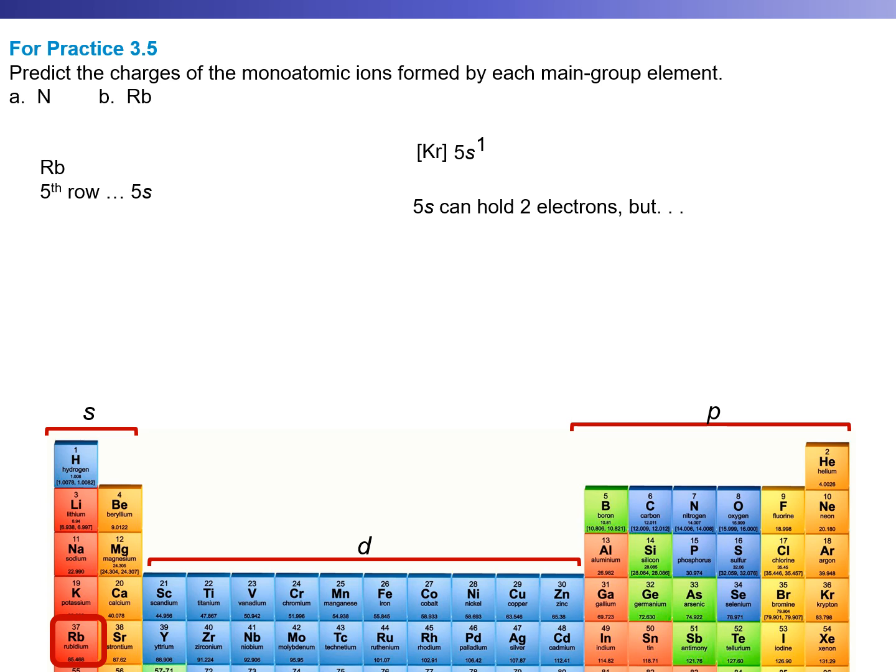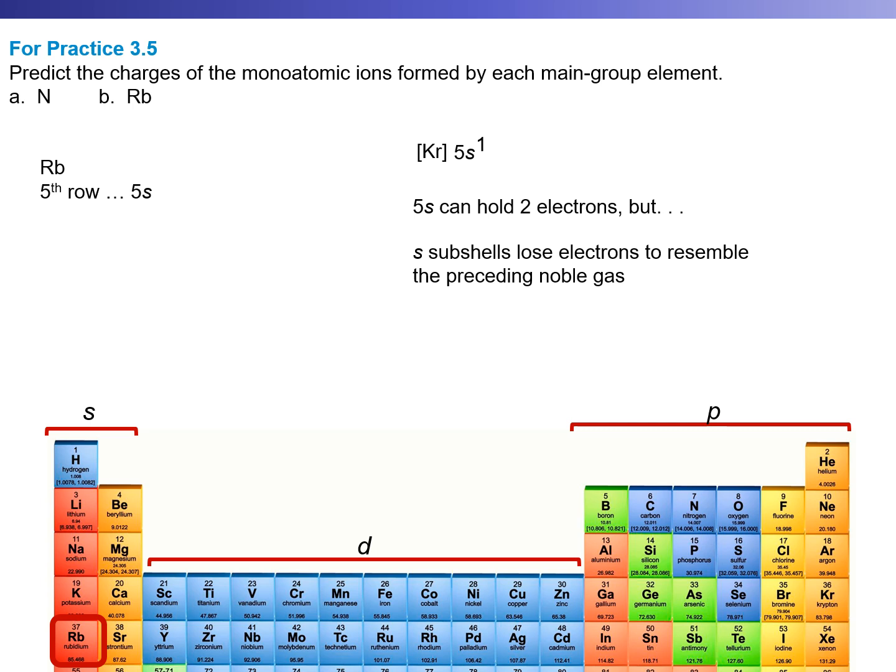So then we have to ask ourselves, would it be easier for rubidium to gain an additional 19 electrons to get to the point where the 5p orbital is full, or would it be easier for it to just lose the 1? Well, we've actually thought about this before, and any element that has its valence electron in the s subshell is going to lose that electron.